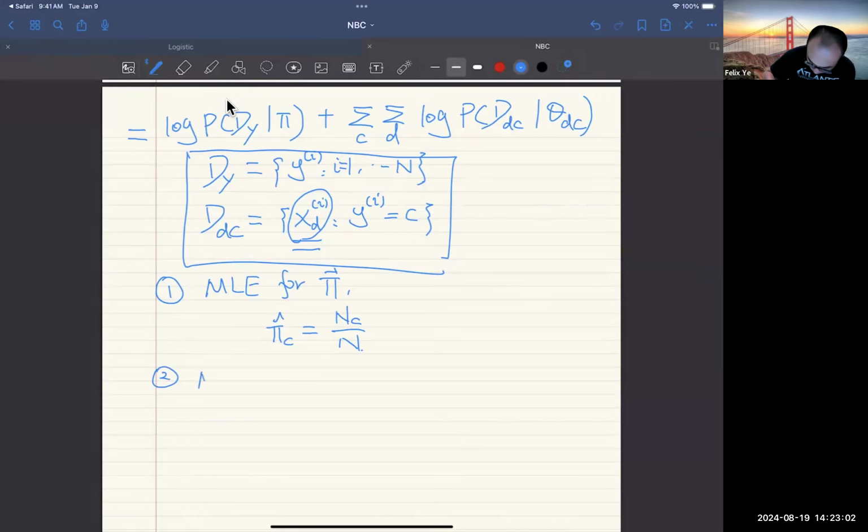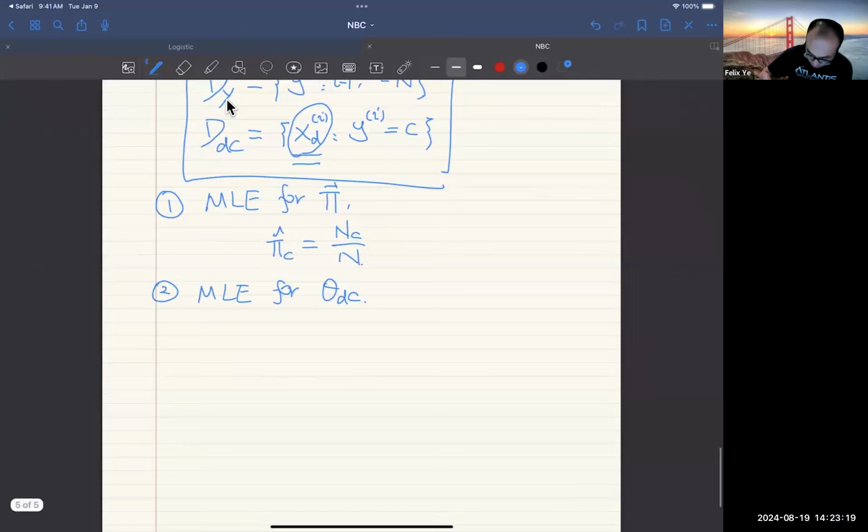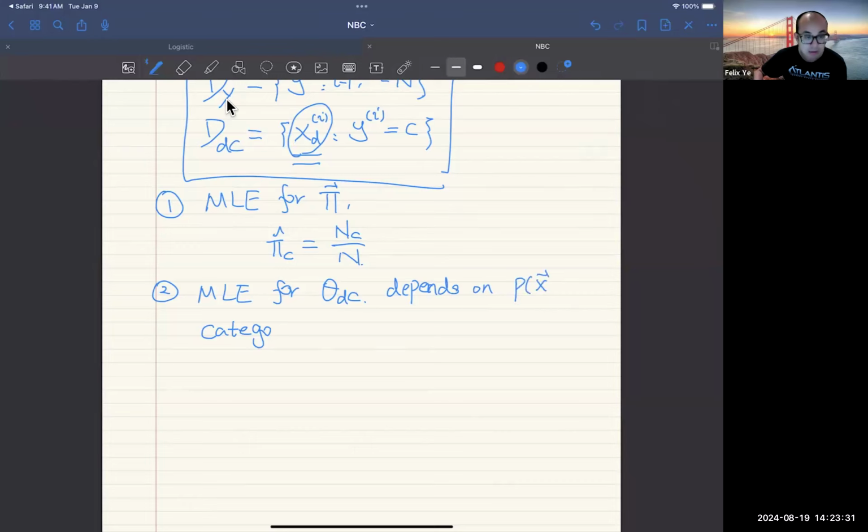And MLE for theta DC actually depends on the class conditional densities that you choose. If we choose the categorical, it depends on the choice that we make for the probability of x given y equal to c and theta, so it depends on the model that you choose.